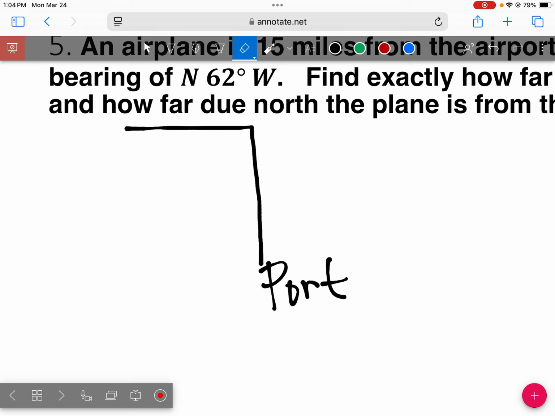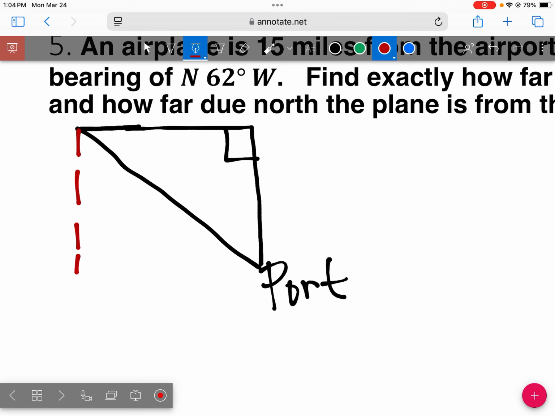Because of what we know, that alternate interior angles are congruent. So this is my right angle. And so when they give you a bearing, I know that that bearing is really going right here.